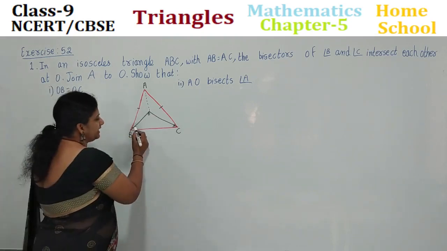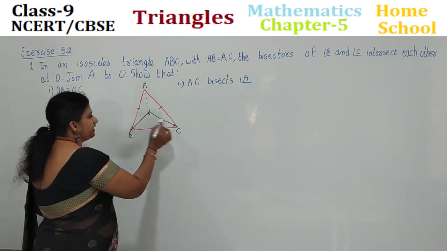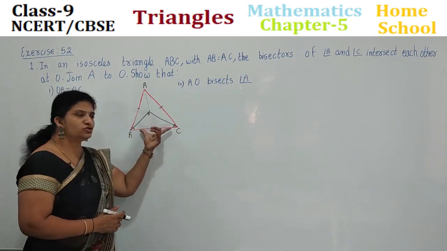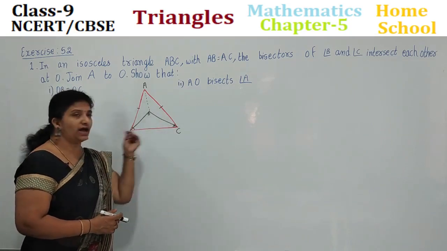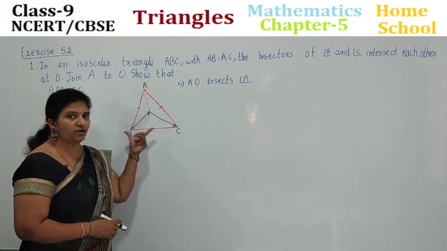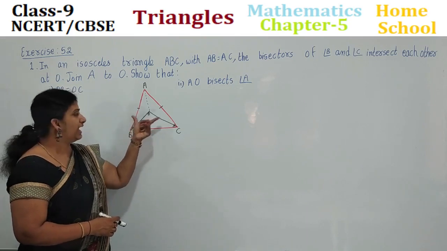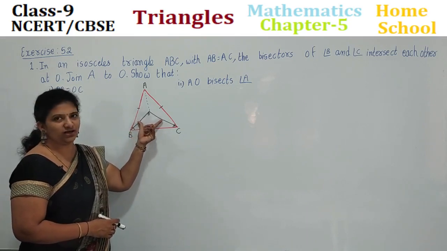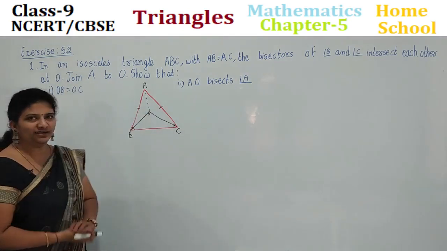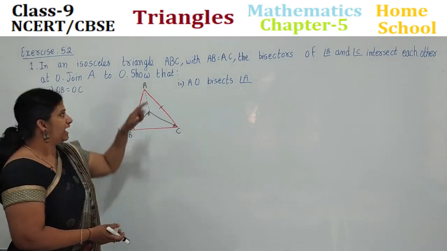So this interior angle equal to this interior angle. And this angle equal to this angle. Angular bisector, right? So if these two angles of this small triangle are equal, by another theorem statement, what you can say, in a triangle, if two angles are equal, their opposite sides are equal. That is only the first proof. OB equal to OC, we got it.